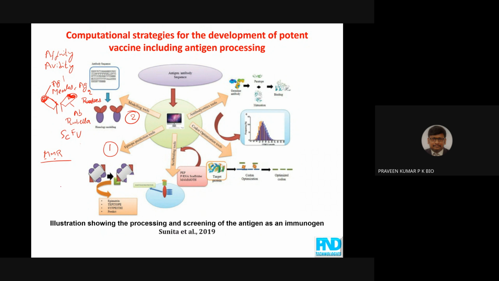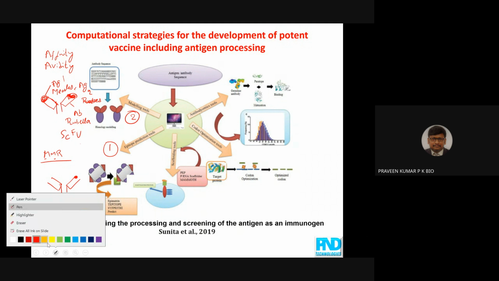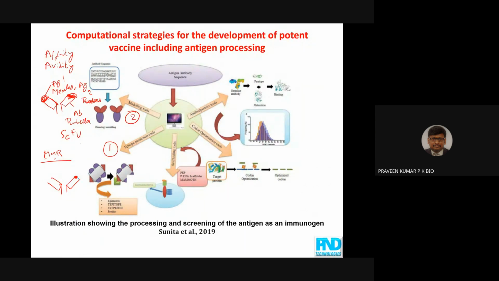For example, in an antibody, however I have drawn it, a part of a fragment here can bind with a specific disease, and here also a part of the antibody can bind with another kind of disease antigen. So you can find such multiple binding sites on the surface.